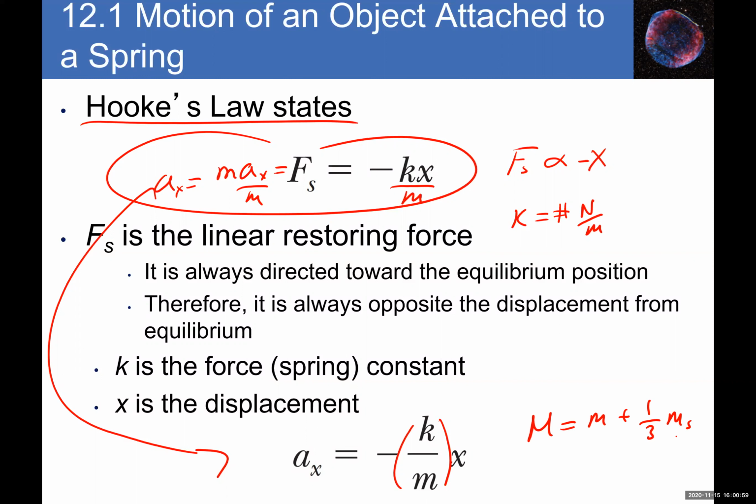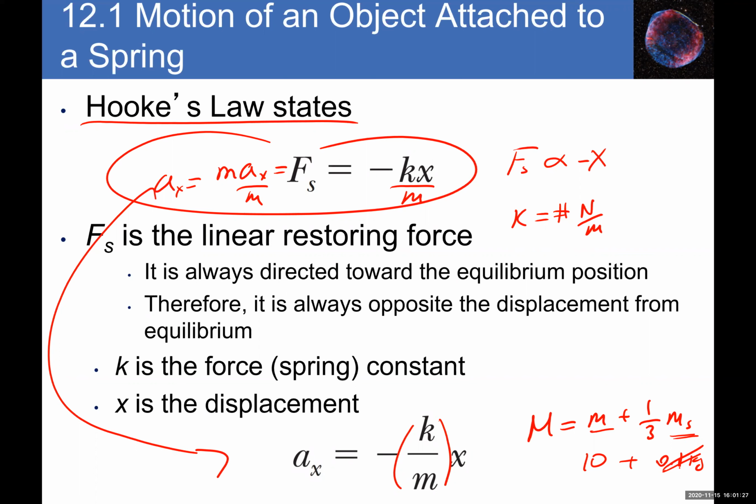But you can see the mass of the spring is generally much smaller than the mass of the block, so in a way we can always ignore it. If this is, let's say, 10 kilograms, and this is, I don't know, 1.1 kilograms or something like that, you can see it's small enough that we can more or less ignore it.